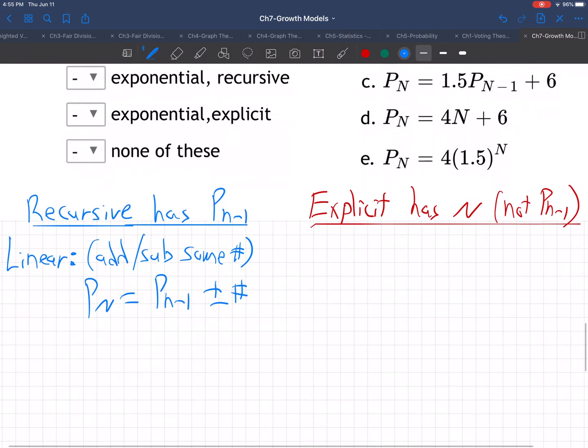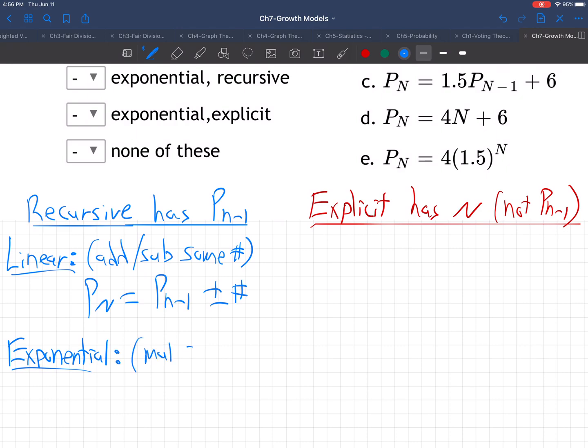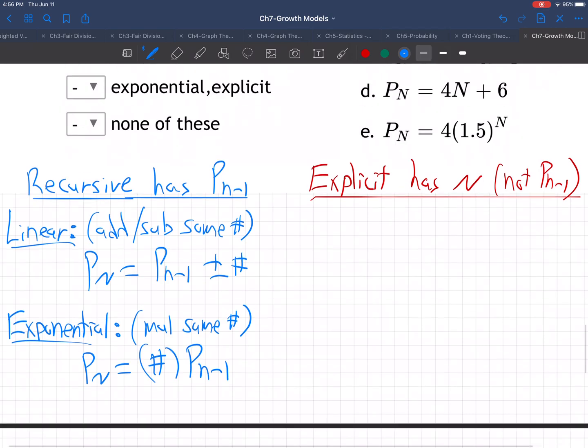Whereas, let me come down here and say exponential recursive is going to multiply the same number every time. So the nth term will have some kind of number multiplied by p sub n minus 1.